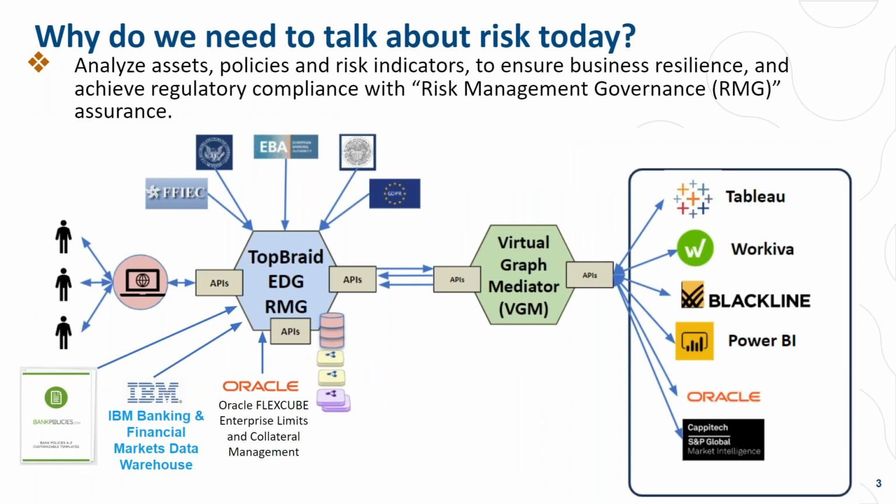So why do we need to talk about risk today? Risk management is not only about minimizing the negative impacts, but also identifying opportunities for growth and innovation. A proactive risk management approach allows companies to make informed decisions, adapt to changing market conditions, and create a sustainable and resilient business model.